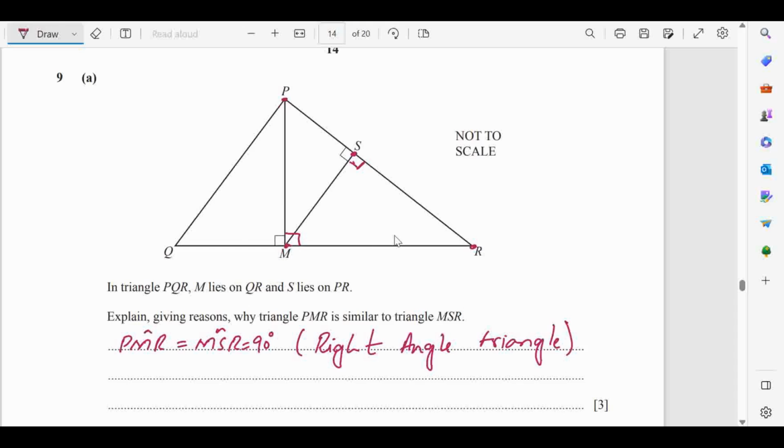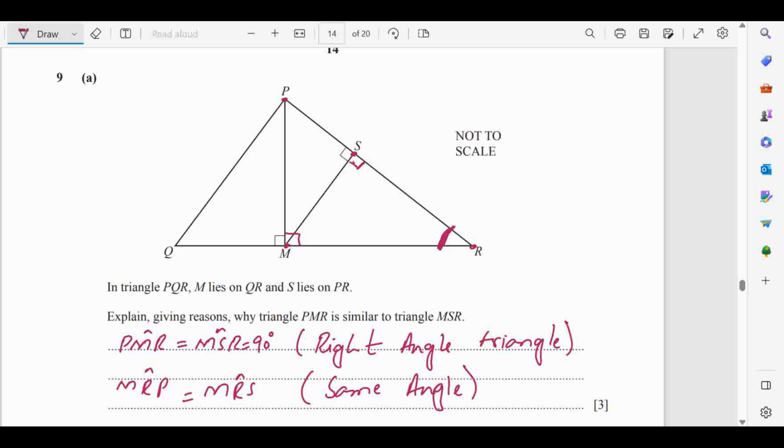Now in these two triangles we can see that this angle is common or same for both the triangles. So we can say that angle MRP will be equals to angle MRS. So we can say that this will be the same angle for both the triangles.